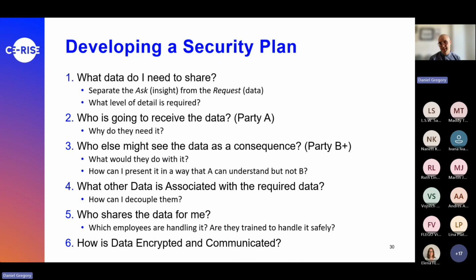So figuring out how to conceptualize this, essentially you've created your DPP, you have your data. Now you want to develop a security plan. The best way to do that is to start by saying, what data do I need to share? You want to separate the ask that someone is asking about, which is an insight on your data, versus the request, which is the actual data itself.